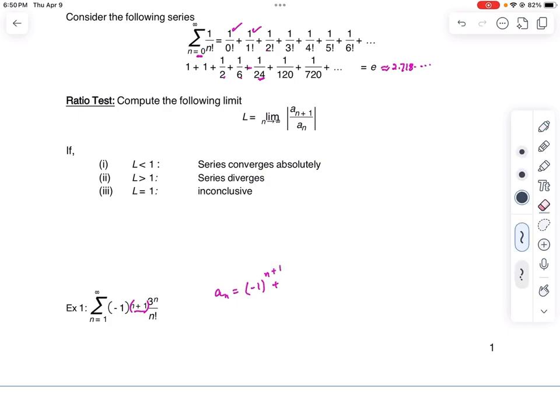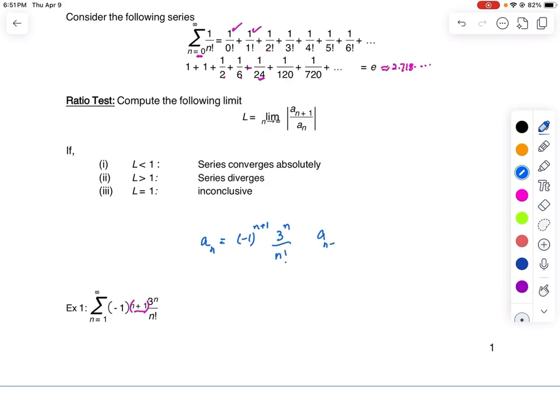So this is what we have: a_n is equal to negative 1 to the n plus 1, 3 raised to n over n factorial. This is our a_n.